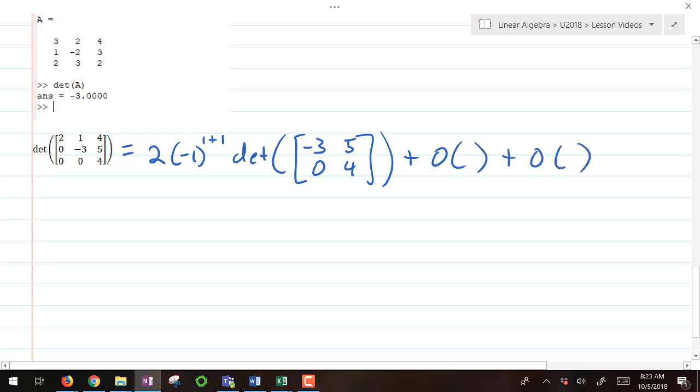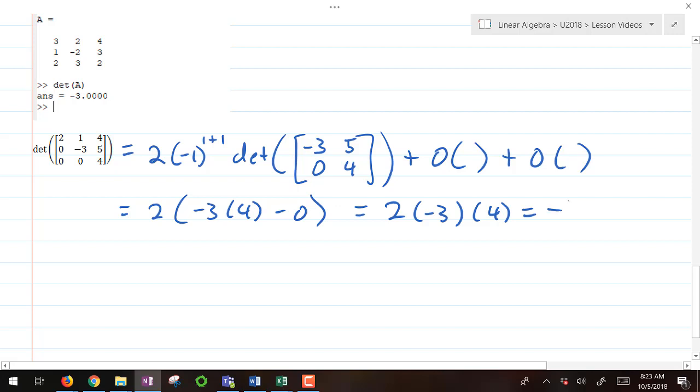I'm not even going to fill those in because I'm expanding along that first column. 0 times anything is 0, so I don't have to do any more computations. So this is 2 times the determinant of this, which is minus 3 times 4 minus 0, which ends up being 2 times minus 12, which is minus 24.